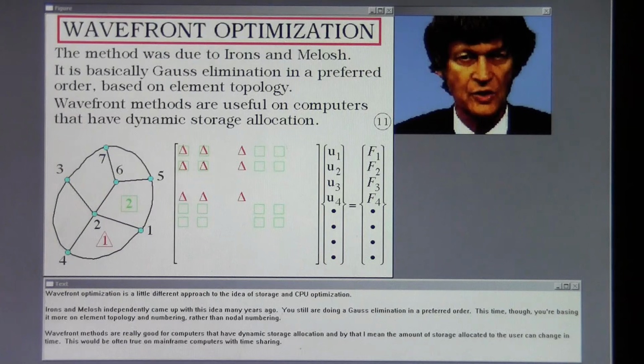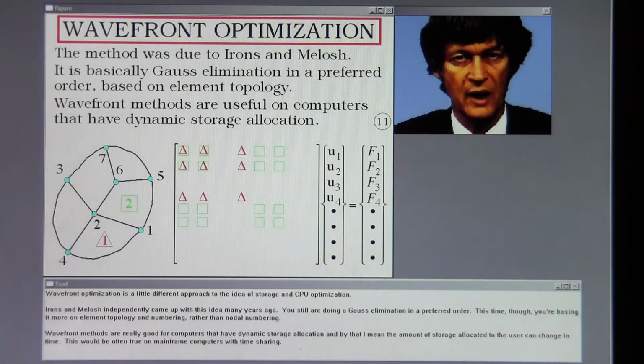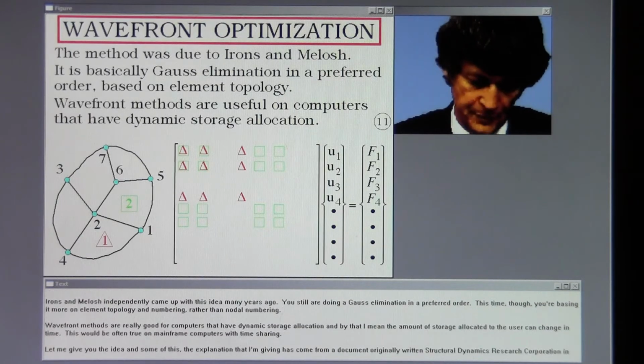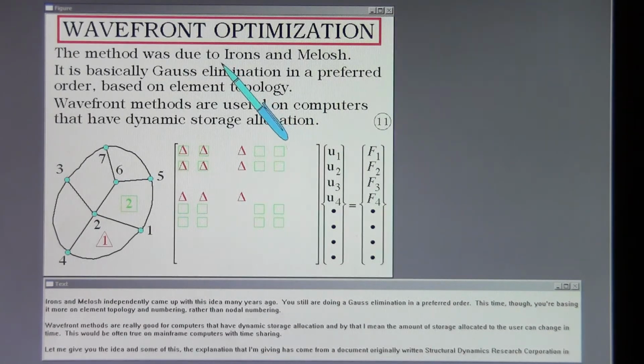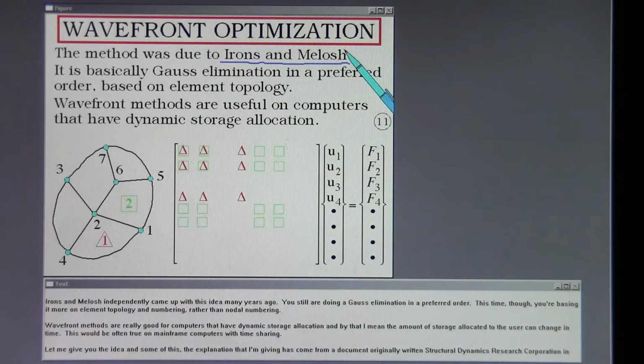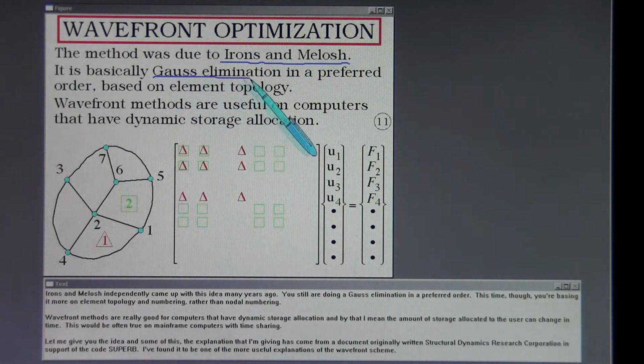Wavefront optimization is a little different approach to the idea of storage and CPU optimization. Irons and Meloche independently came up with this idea many years ago. You still are doing a Gauss elimination in a preferred order.